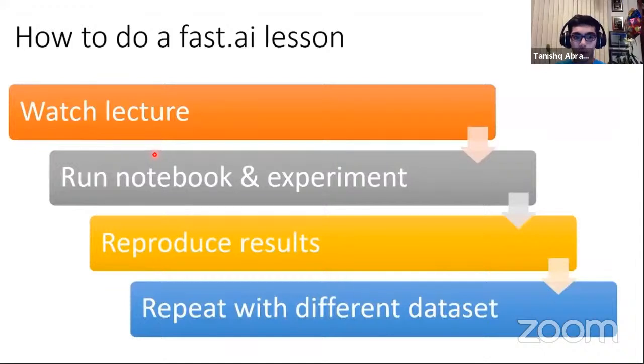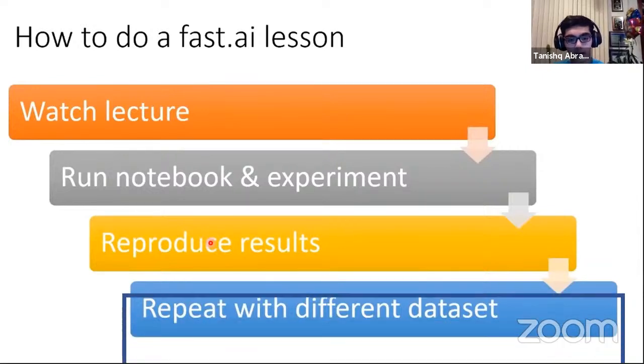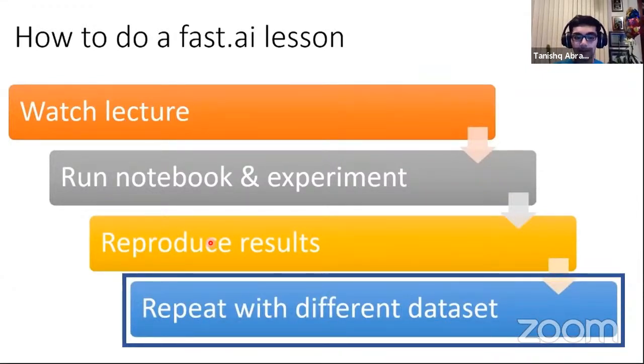He talked about watching the lecture, experimenting with the notebooks, reproducing the notebooks, and also more importantly, repeating these experiments with different data sets. And this is what I really focused on with my FastAI journey. Again, I was looking at resources like Kaggle to help me be able to do this.